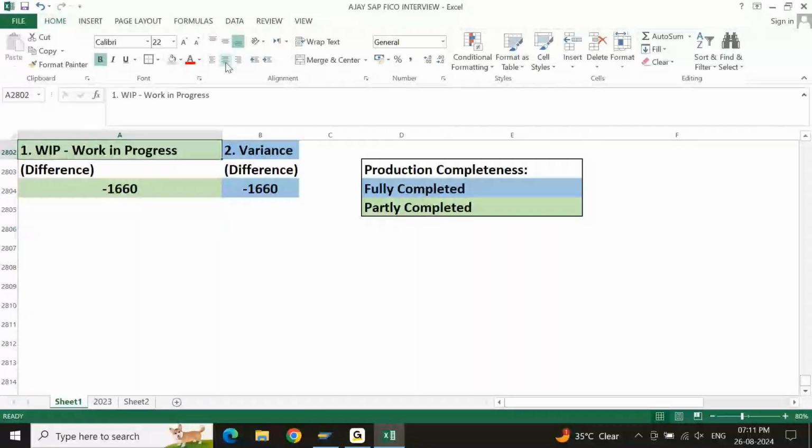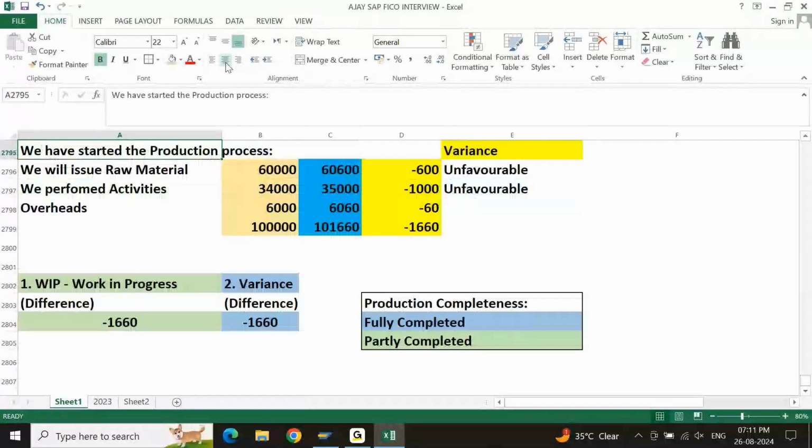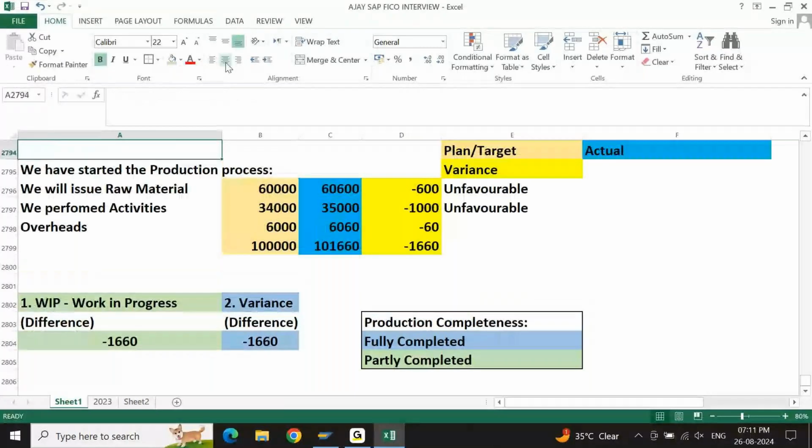I'm not connecting anything with each other. I'm just trying to explain simple terminology, basic calculation. I hope you're not getting confused here, right?